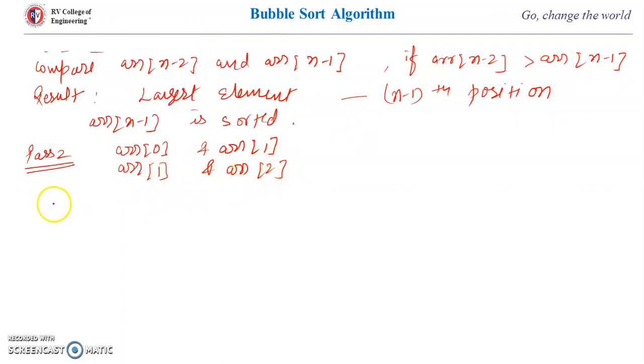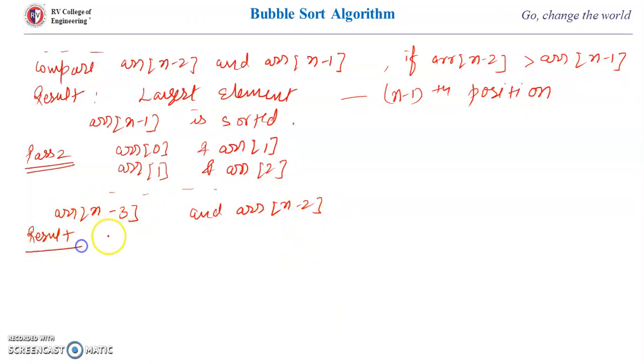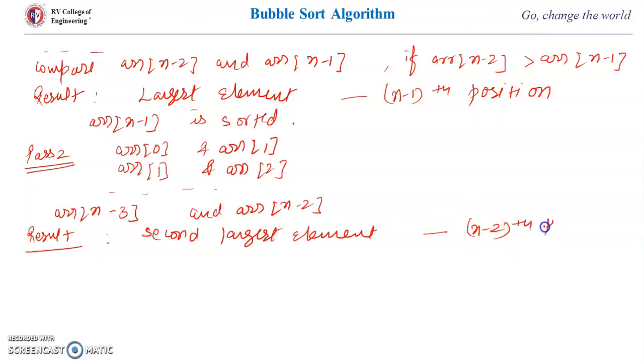Like this, we compare array[n-3] and array[n-2], and if this is greater than that, we exchange them again. So what will be the result after the second pass? The second largest element will be at its proper position, that means the n-2th position.